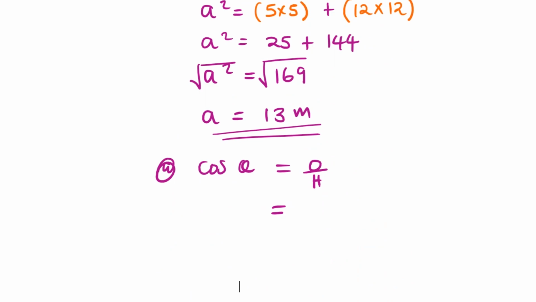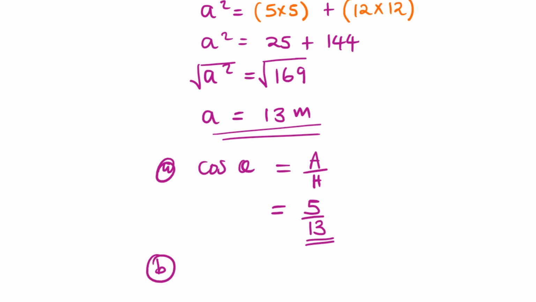So here we are not saying the opposite, it's the adjacent. So it will just be 5 over the hypotenuse we had found, 13, and this is our cos theta.